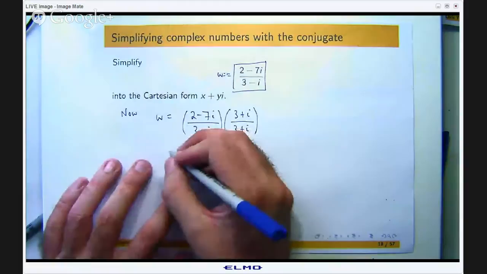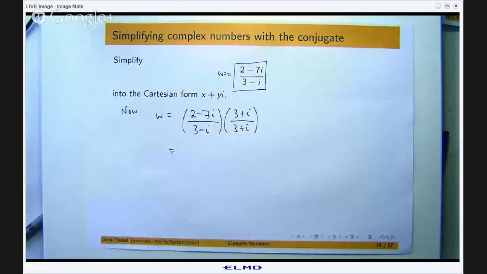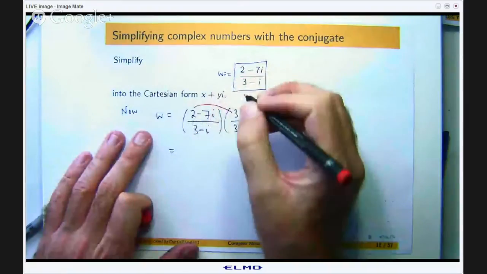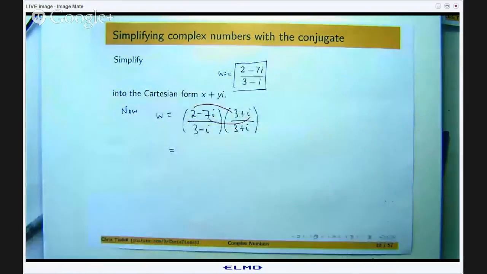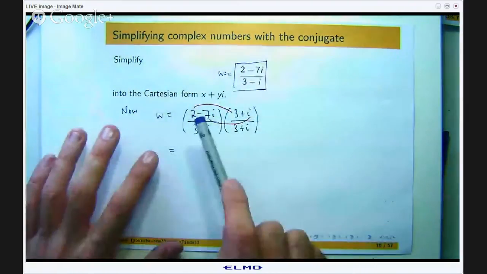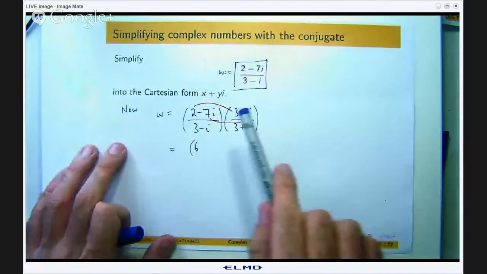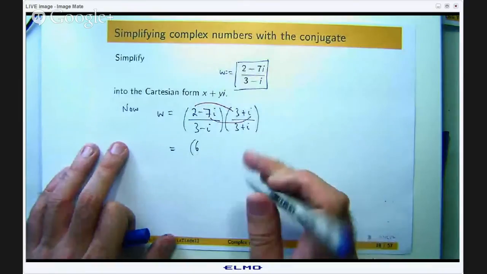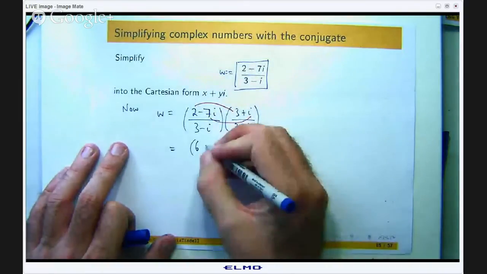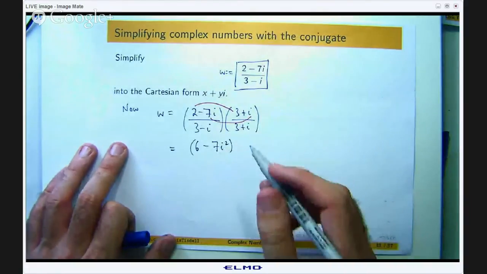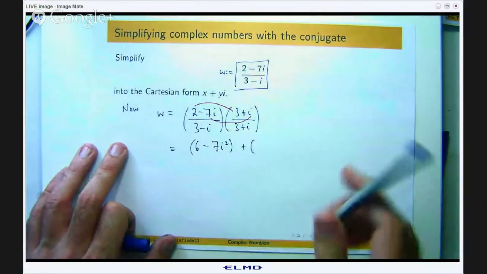Okay, well, let's expand this as we normally would in the usual distributive fashion. So in the numerator, the real part's going to be 2 times 3, which is 6, minus 7i times i. That'll be -7i squared. Okay, what about the i's?